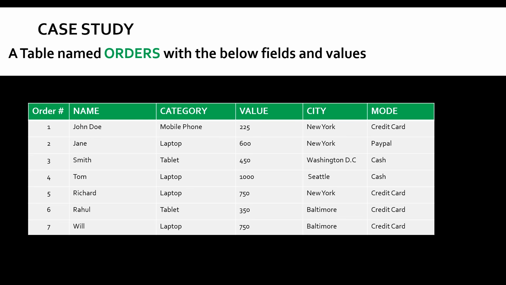And this is a particular table in their database called orders, which records who the customer is, what they have ordered, the value of the order, the city they ordered in, and also the mode of payment: is it cash, PayPal, or credit card? So we're going to use this table, derive the queries, and also look at the results.